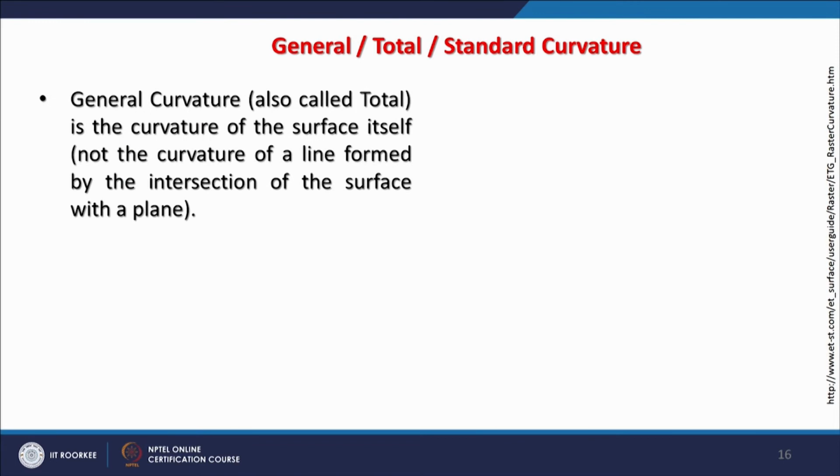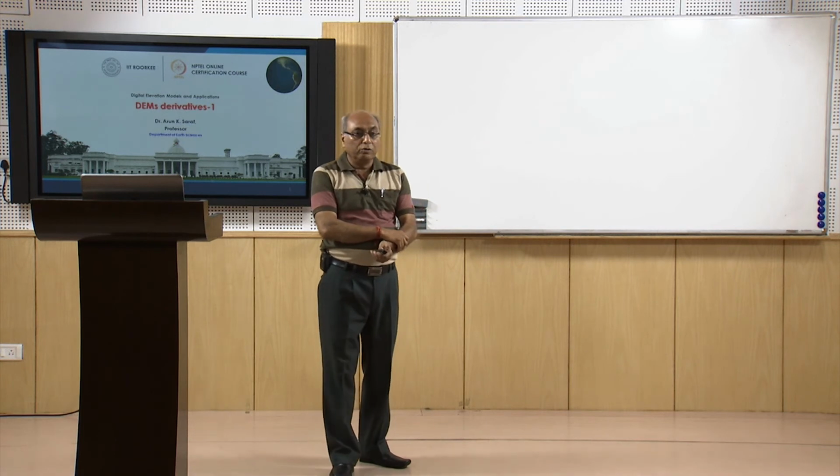Now, there is another curvature which, in different literatures and different software, is called by different names, for example general curvature, total curvature, or standard curvature. That is basically combining both. So general curvature, also called total curvature, is the curvature of the surface itself, not the curvature of a line formed by the intersection of the surface with a plane.